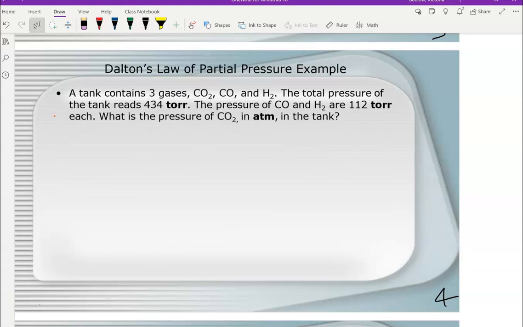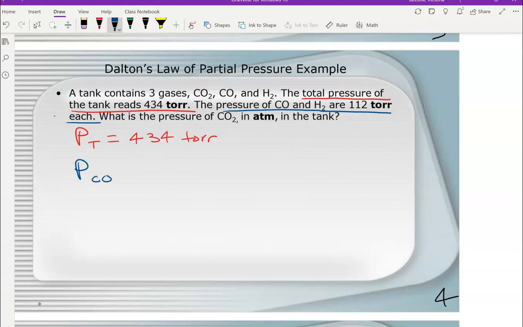Okay, so in this question we have 3 gases: CO2, CO, so that's carbon dioxide, carbon monoxide, and hydrogen gas. Instead of being given the individual pressures to find the total pressure, we're actually given the total pressure first. The total pressure is equal to 434 torr. And then the pressure of CO and H2 are both 112 torr.